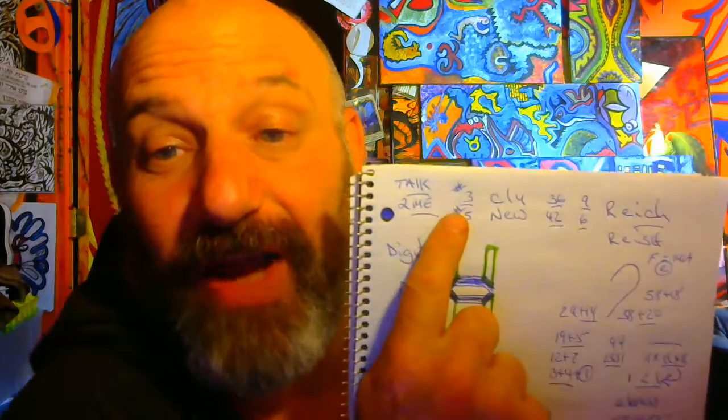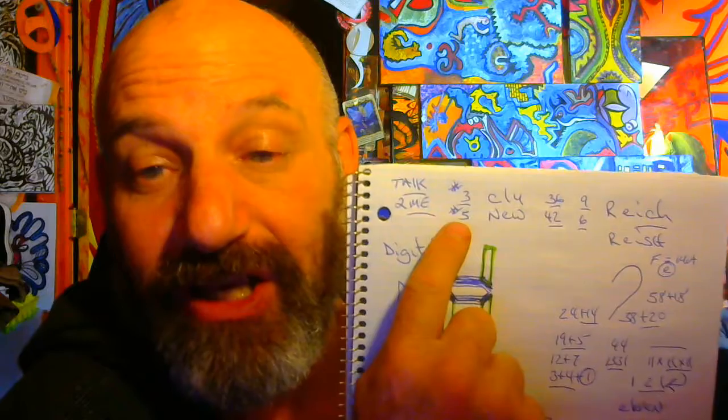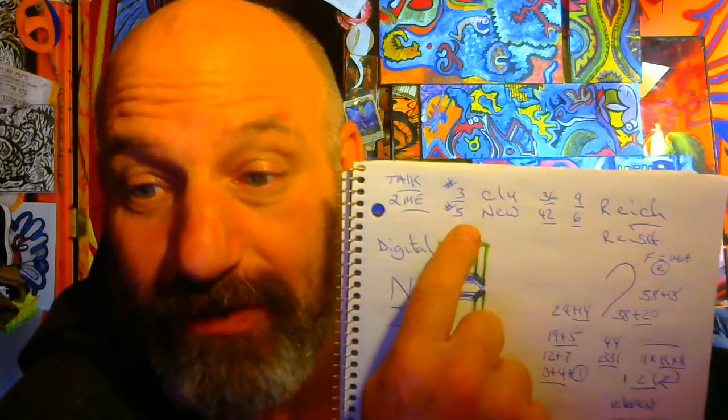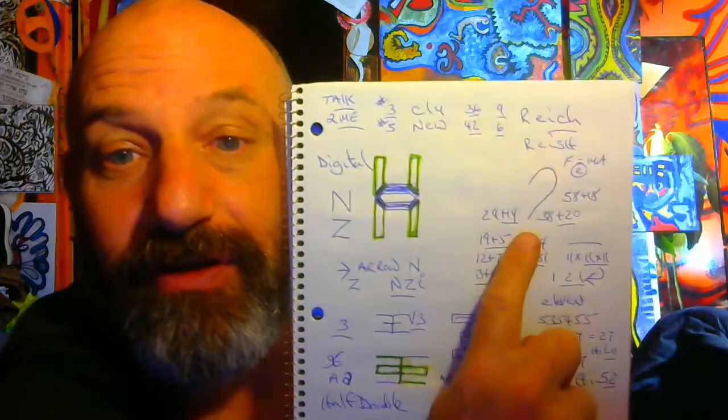And at the same time, 5 minus 3, 5 plus 3 equals 2, 1/8 cycle of the moon. The letter Resh.